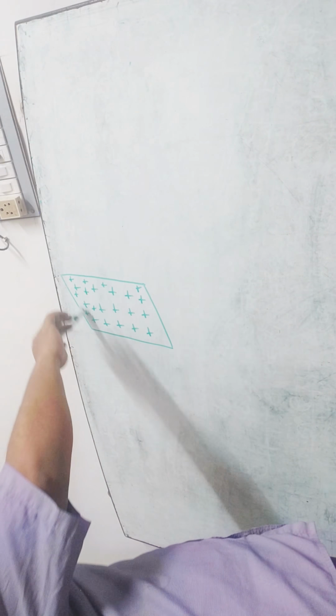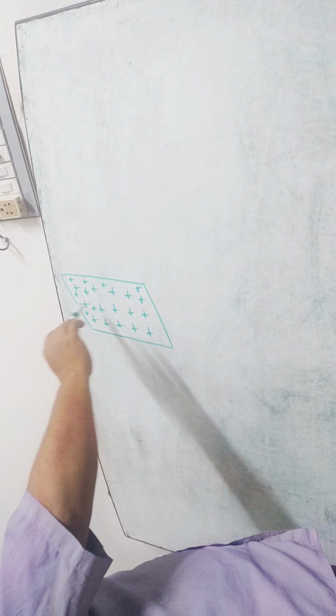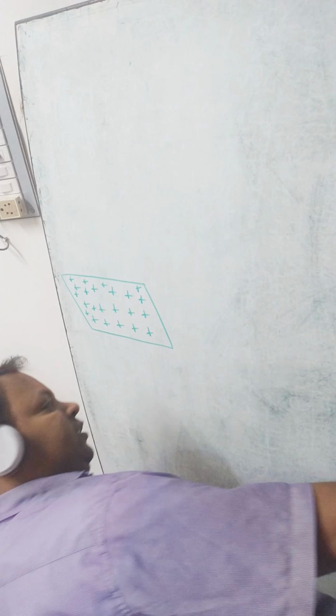This is a uniformly charged plate which is infinitely extended and its surface charge density is sigma.